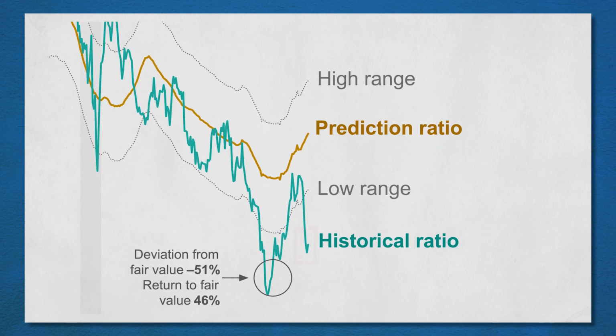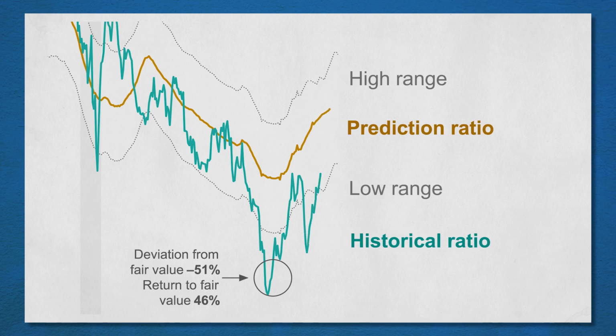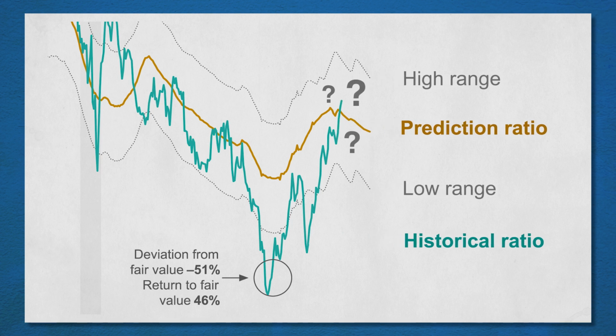Now, where are we today? Today, as you can see, this line is low. It's below the band. And so while Vanguard, again, is not predicting the future, what they are saying is it would not be surprising for value to come back up to something in its prediction ratio range. And what would that mean? Well, if you look at the numbers right now, it's trading at a discount to its prediction ratio of between 40 and 50%.